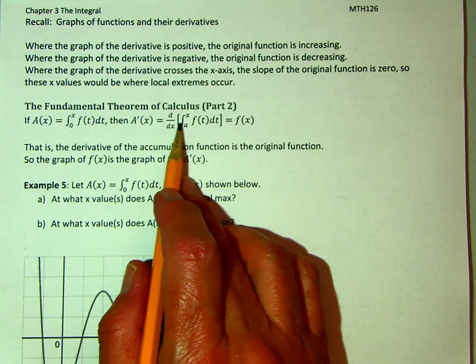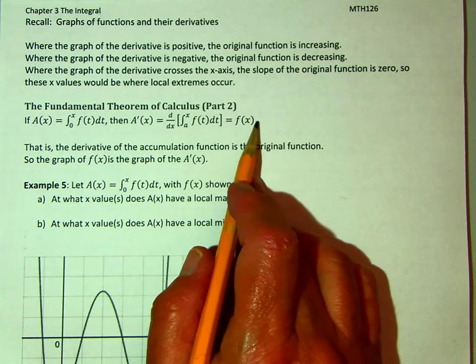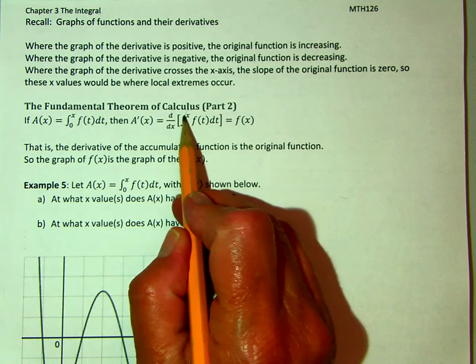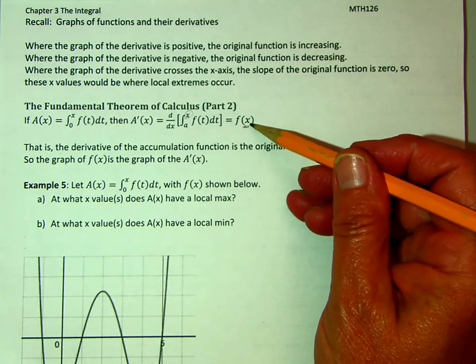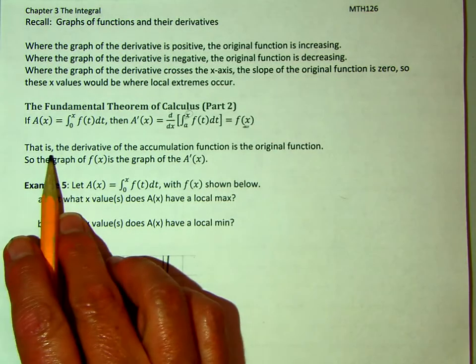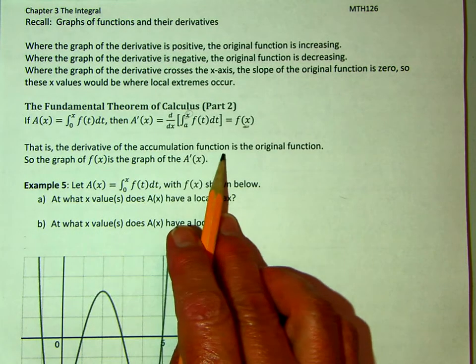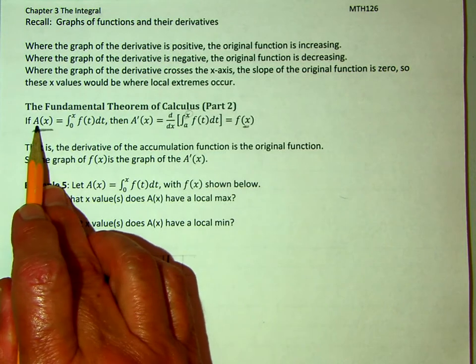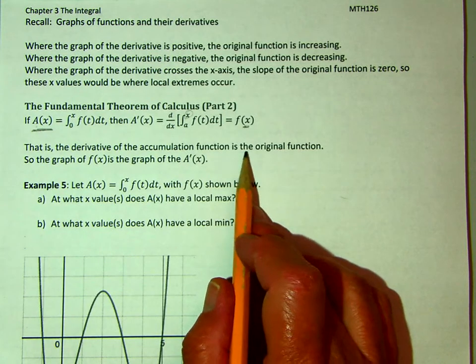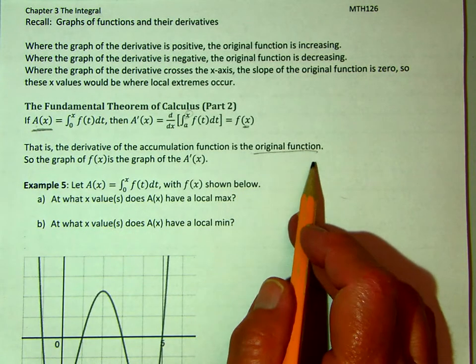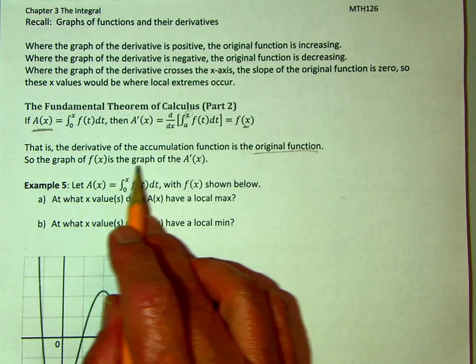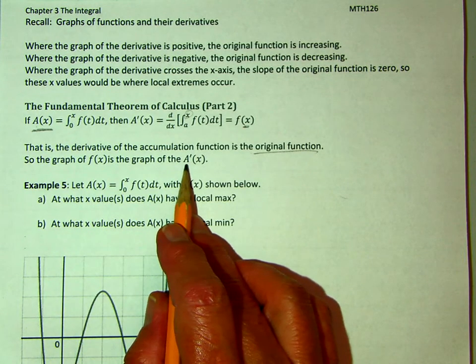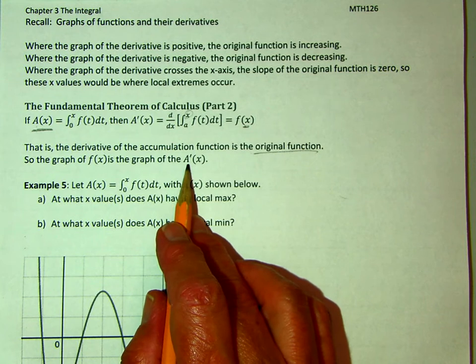The derivative of the integral is the function in terms of x. That is, the derivative of the accumulation function is the original function. So the graph of f of x is the graph of the derivative of the accumulation function.